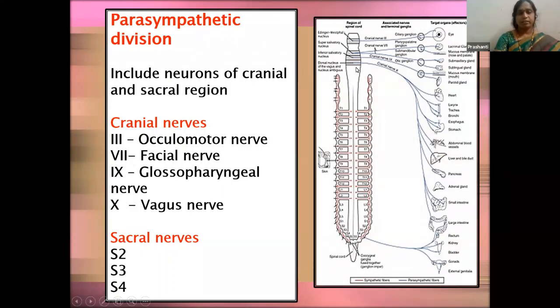Here they are the third, 7th, 9th and 10th cranial nerves, which you have learned in your previous session: the third is the oculomotor nerve, the 7th the facial nerve, the 9th the glossopharyngeal nerve and the 10th the vagus nerve. And this also includes the sacral nerves, that is S2, S3 and S4.